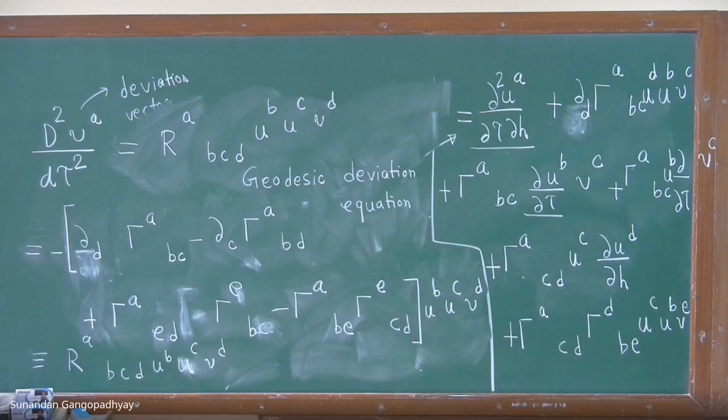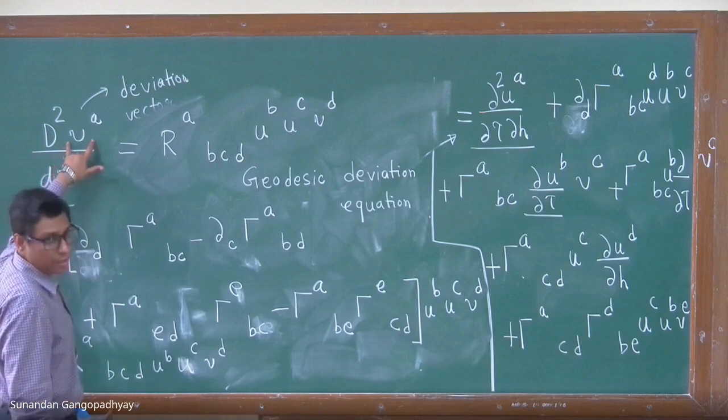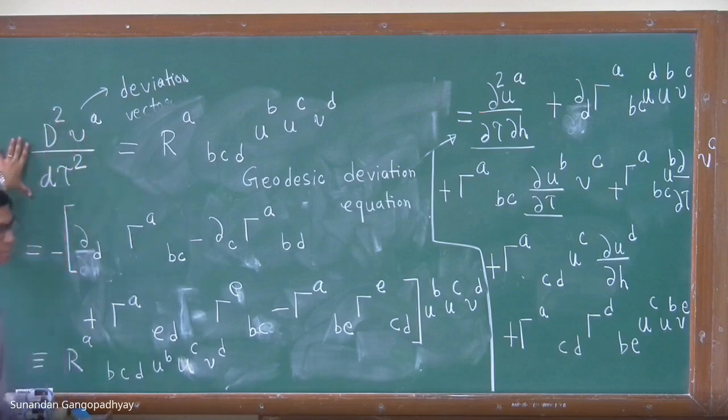It tells you that the second derivative of this V A is proportional to the Riemann curvature tensor. So the separation between the geodesics as the parameter tau is changing, this is basically the separation vector or the deviation vector. And this measures the evolution of this separation vector as you move along the geodesic, right?